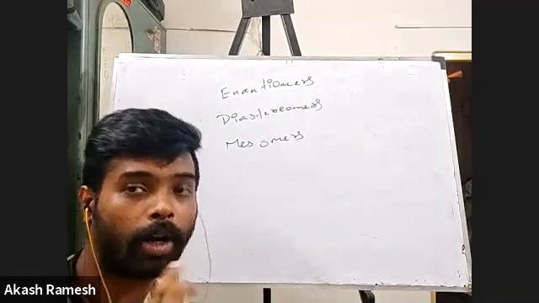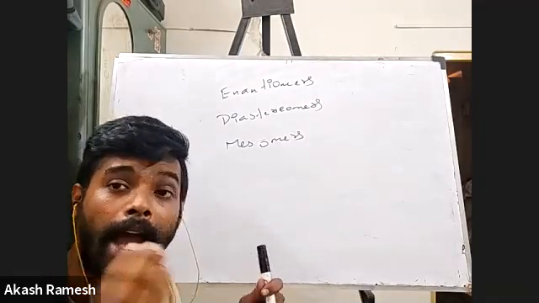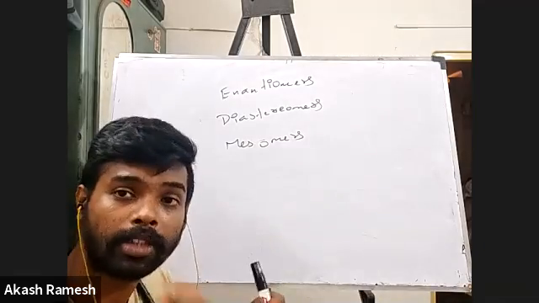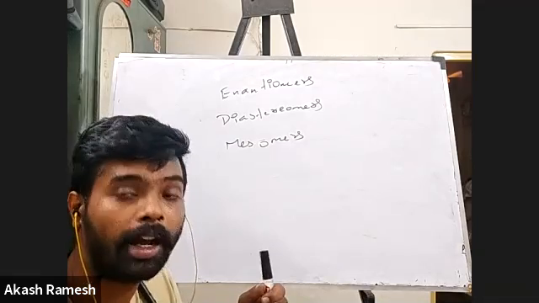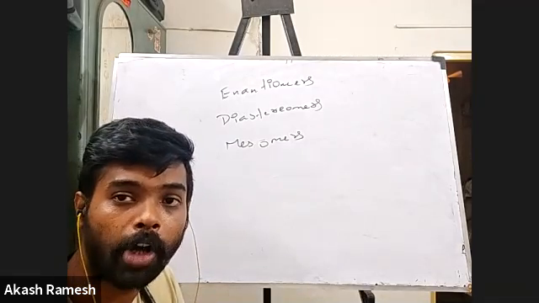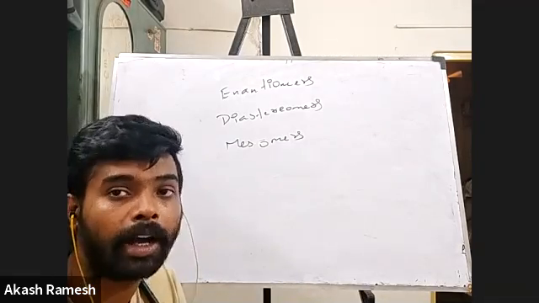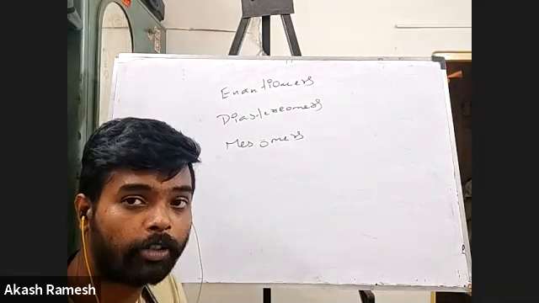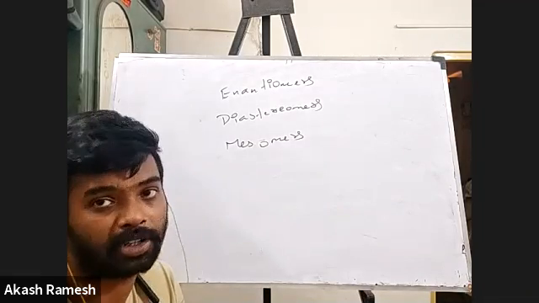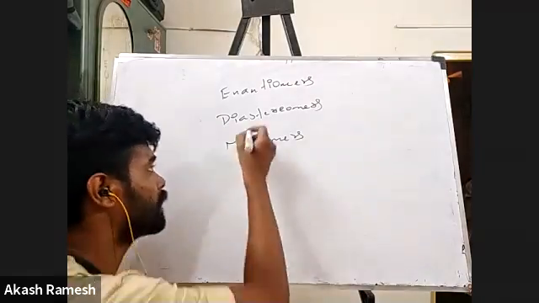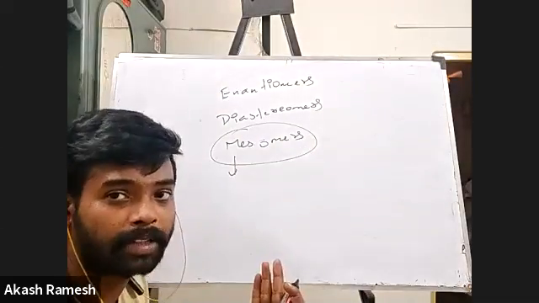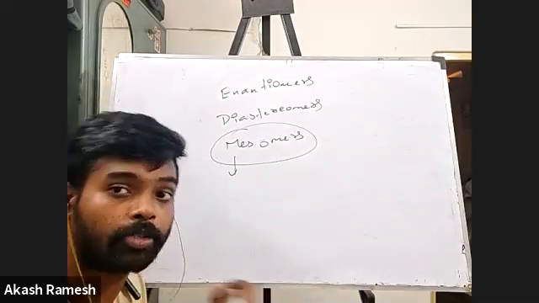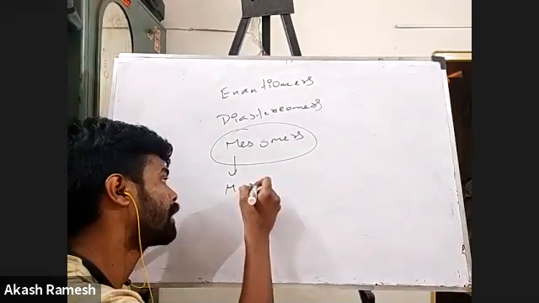And for mesomers, I said that they are superimposable mirror images. What I mean is, say they have chiral centers. I told you that even though sometimes you have more than one chiral center, some compounds can be optically inactive. Why are they optically inactive? Because they have a plane of symmetry, right? So for mesomers, I can tell you one thing for sure: they will have chiral centers, definitely more than one chiral center.